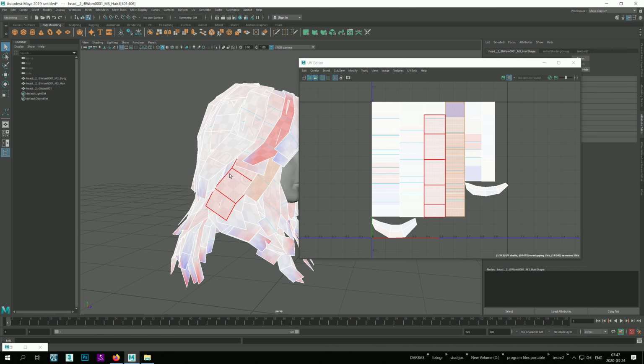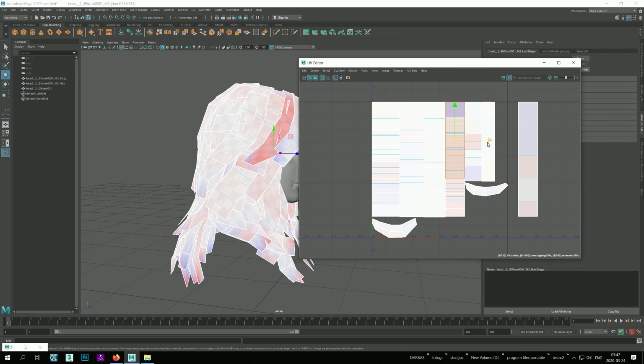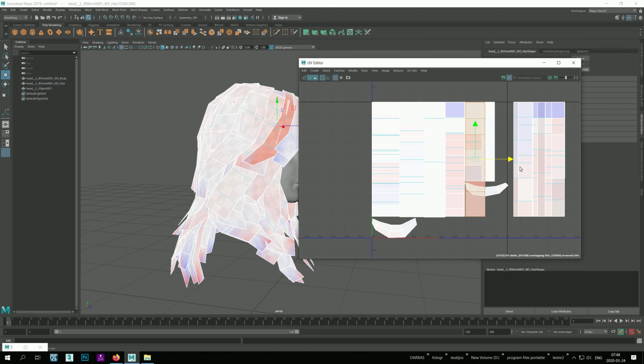Some game engines would not be happy about overlapping texture islands, texture shells. I grab this, I move it, and there is another one beneath, and another one beneath, which means they all will get the same texture that is applied here. So some game engines would not like it.